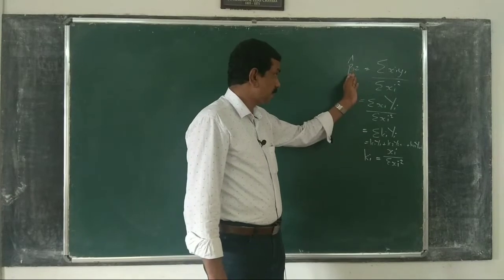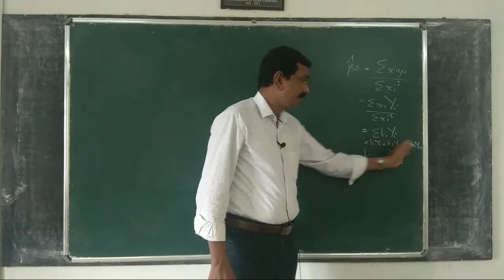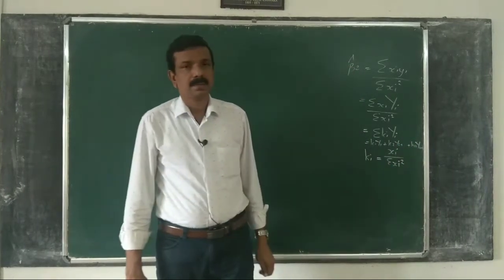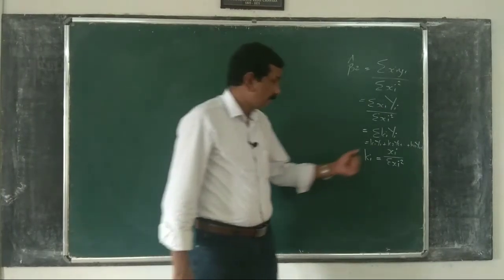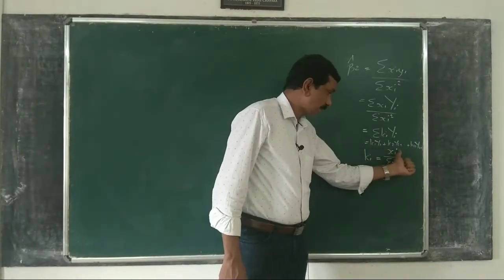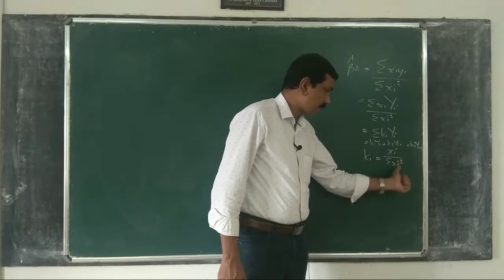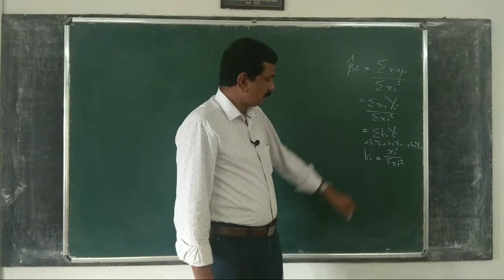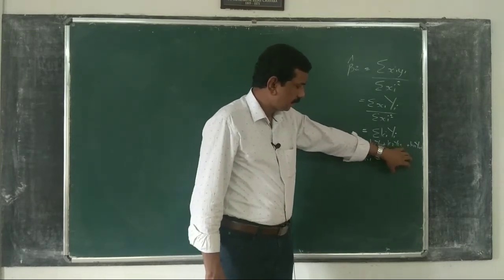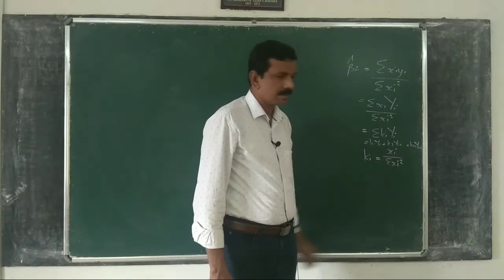So we can say that beta 2 hat is a linear estimator, with ki equal to xi by sigma xi square serving as the weights. Now, this weight ki is very important in econometrics.